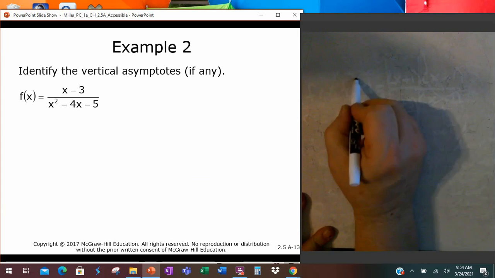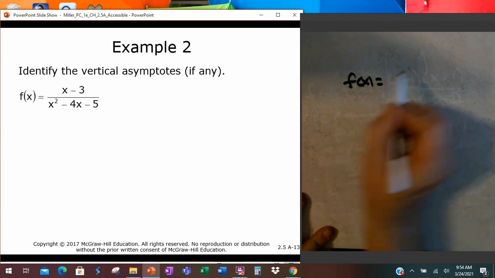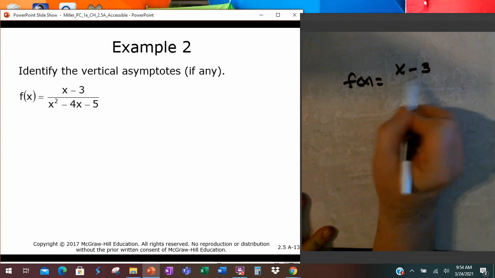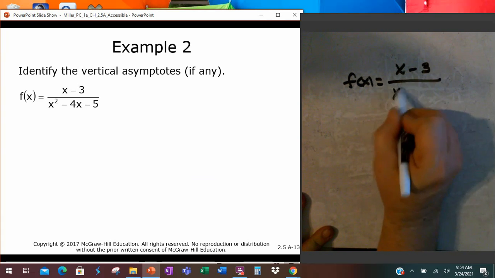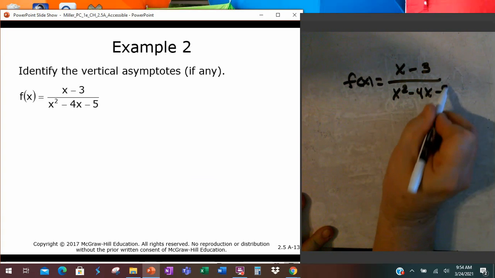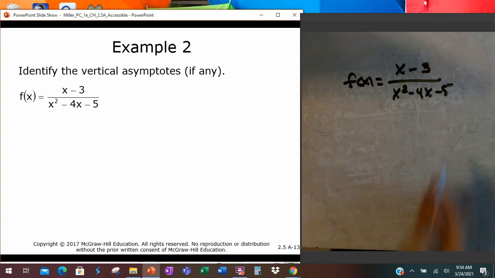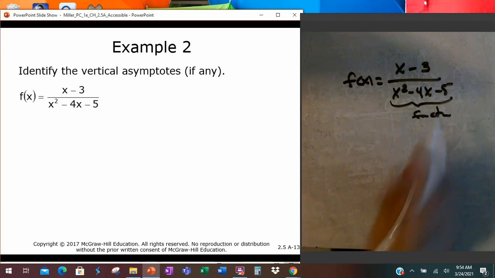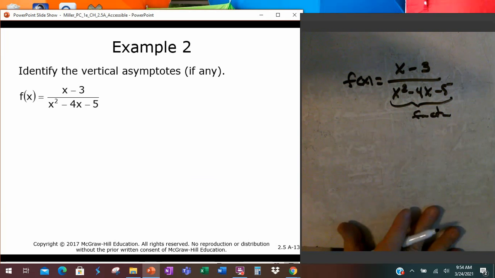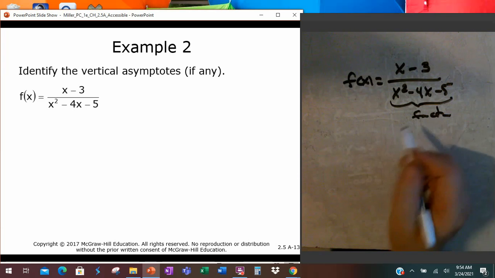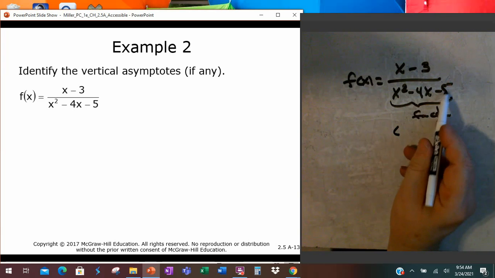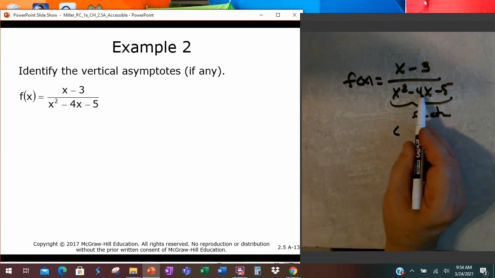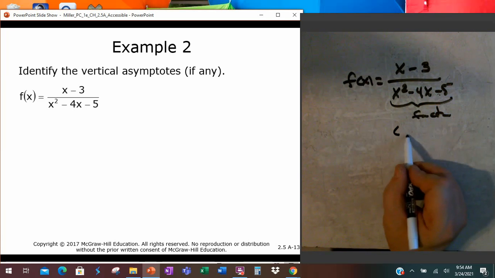So we'll build this up. We want to graph this rational function, x minus 3 over x squared minus 4x minus 5. First of all, I want to factor because I want to remove anything in common, get rid of that, and then proceed with analysis. This is just two factors, the difference being 4 because of the negative.